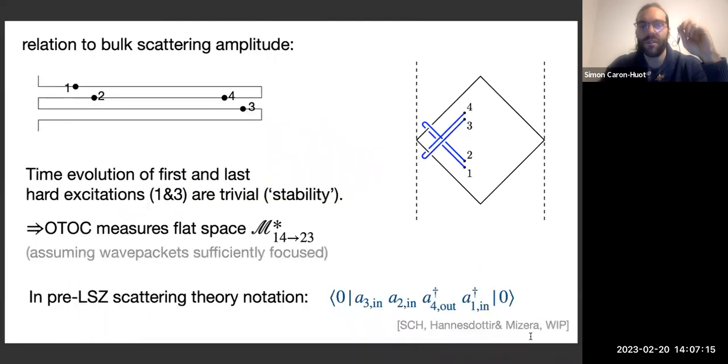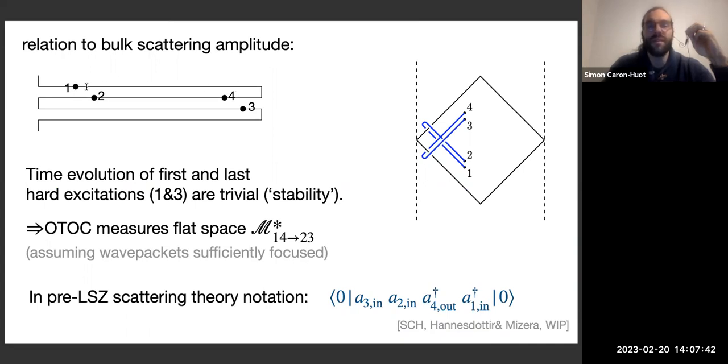So let me also describe a bit how this is related to a bulk scattering amplitude. And maybe it's a bit technical, that's not really necessary. I will go fast on the slide, but this out of time order correlator, you can think of it as you evolve an excitation forward in time, 1.